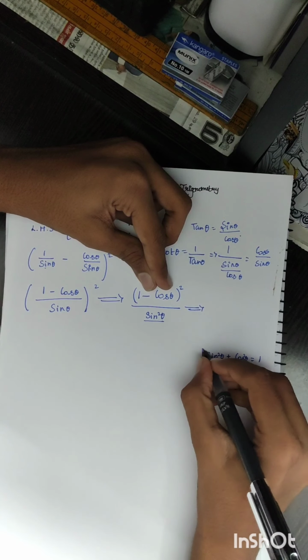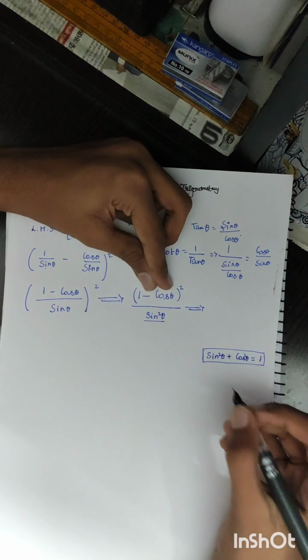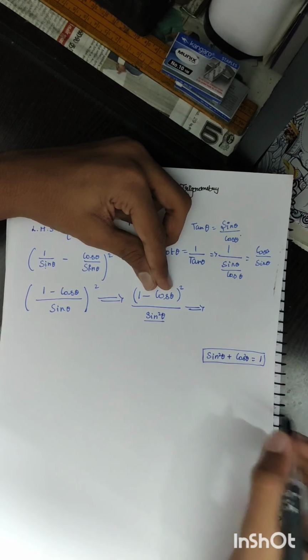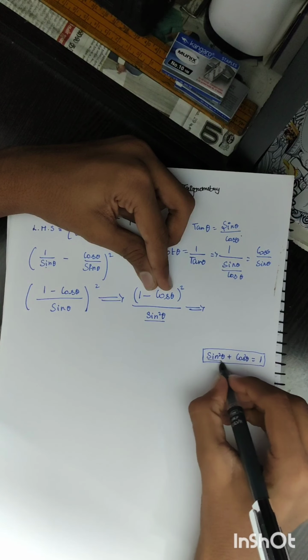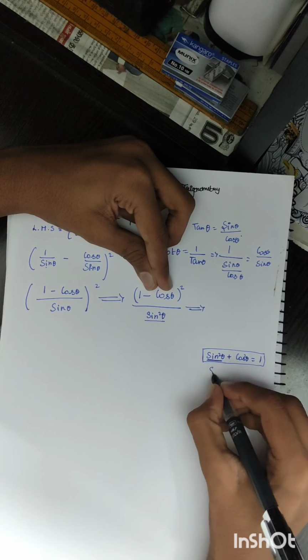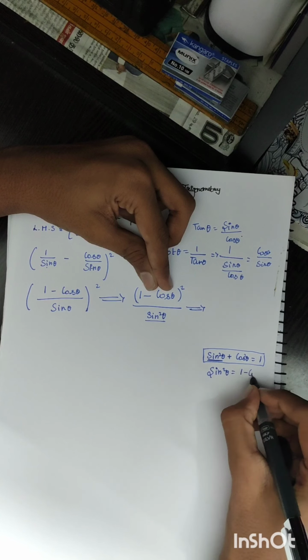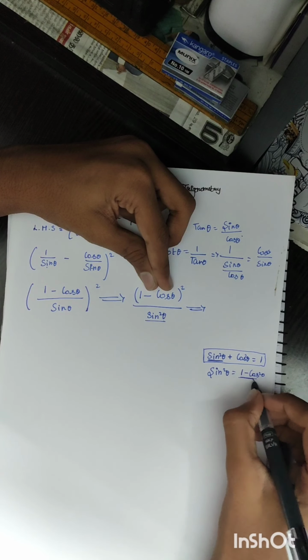This is an identity. We have already done this identity; this is actually part 4, guys, sorry. So making sin square theta the subject, sin square theta is equal to 1 minus cos square theta. This is how we got this.